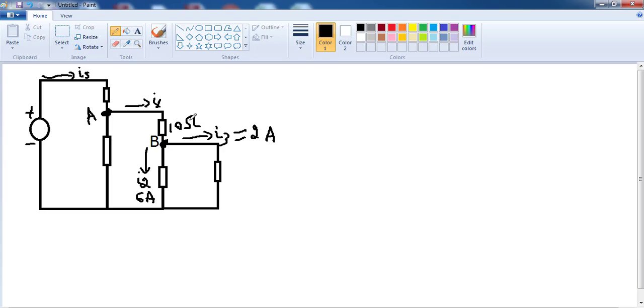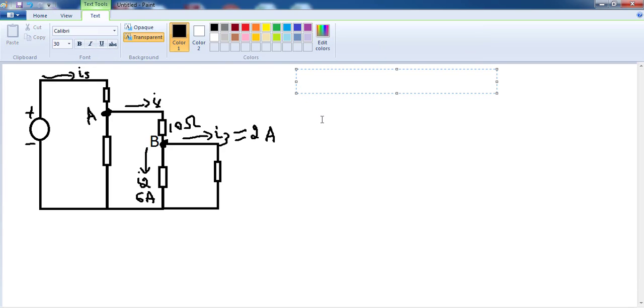So now the question is, what is the current going through node B? So we will apply KCL, Kirchhoff's Current Law, at node B.